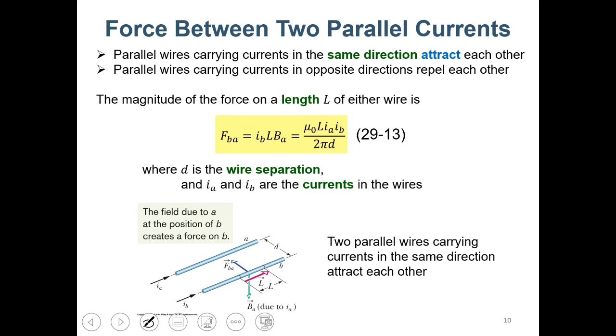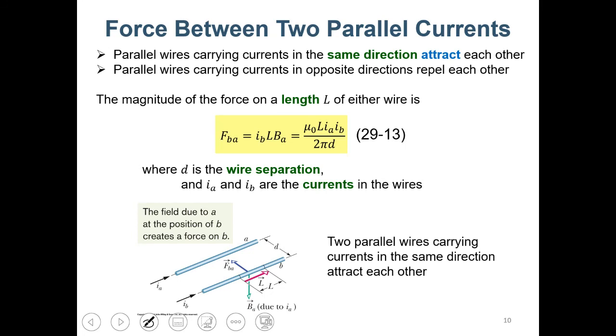You can see that here we have IA and IB. They are parallel, and suppose they have the same direction of current. IA will generate a B field using the right-hand rule, pointing like this. So this wire will be in a magnetic field, although it's not uniform, but for this wire it is uniform.